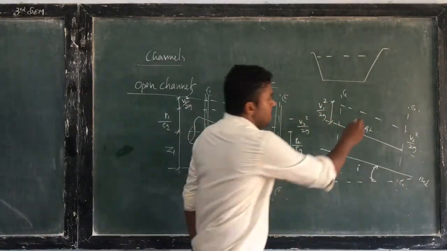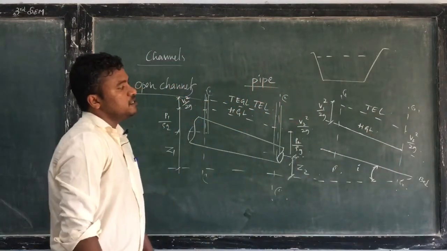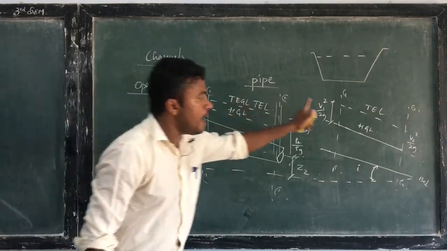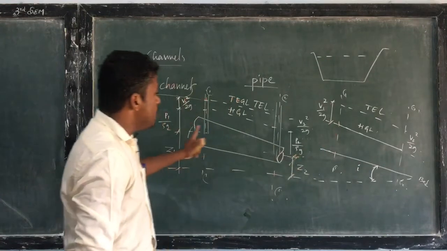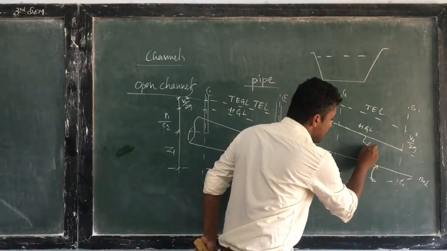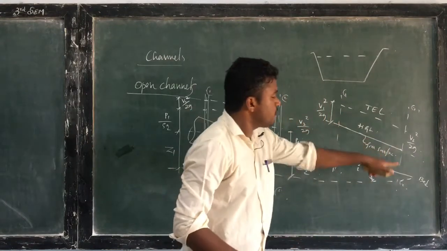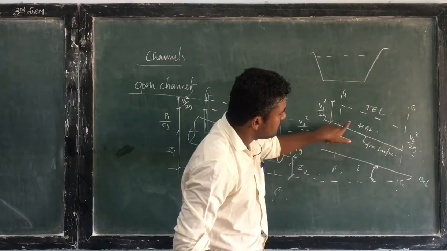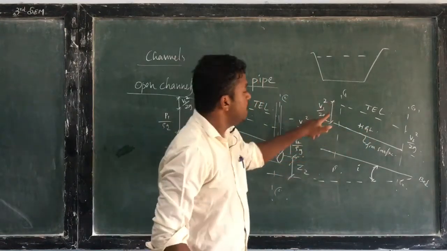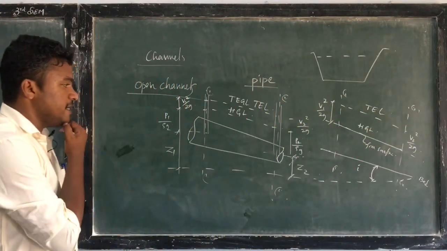So that is your total energy line or total energy gradient line. So you can see the difference between pipe flow and open channel flow, where the flow surface, which is of course a free surface, is also the HGL, hydraulic gradient line, for open channel flow, and you can see the total energy line.